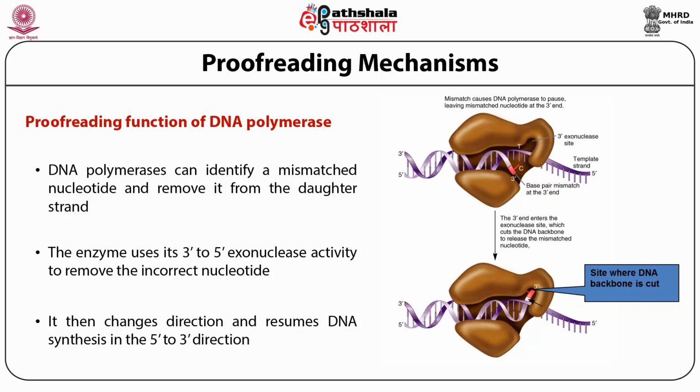If there is a mismatched nucleotide which is incorporated, it is immediately moved from the polymerase site to the exonuclease site, and then it is chopped off by the exonuclease activity, and then it changes direction and resumes DNA synthesis in the 5' to 3' direction. So, all these three important points are the reason why DNA replication has a very high fidelity.